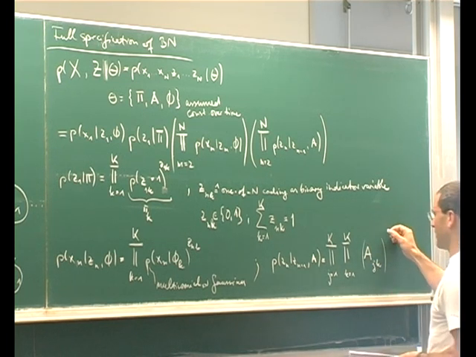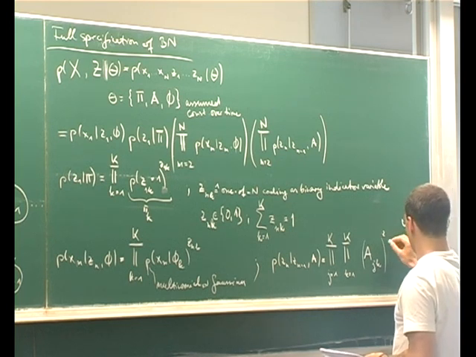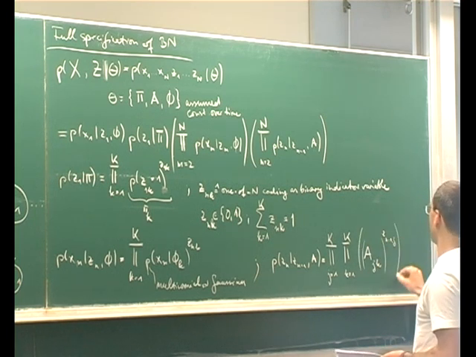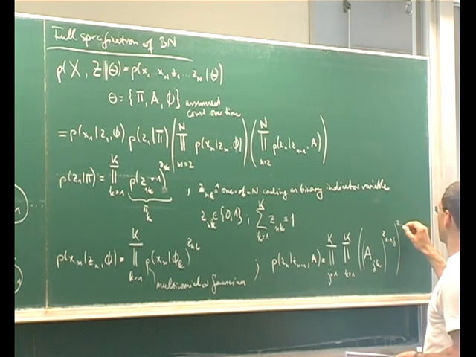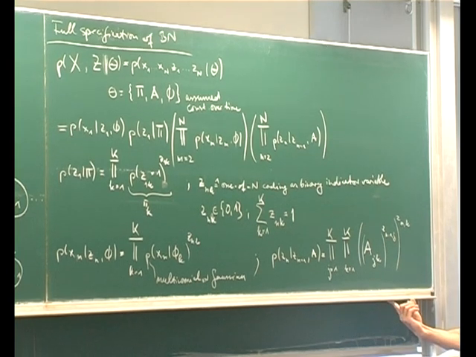And then this is taken to the power of z_{n-1,j}, and this is taken to the power of z_nk. So again, picking one element.